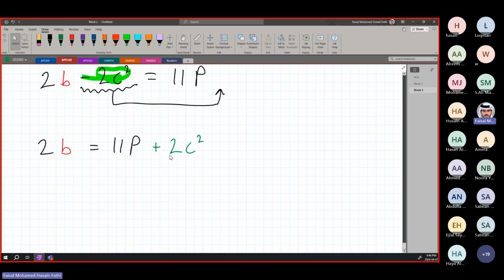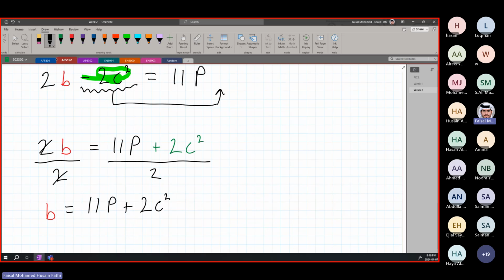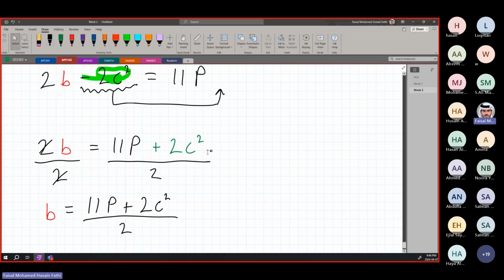Consider it just a normal number. We're only focused on b being on one side by itself. And now we have a 2 here, so we just have to divide both sides by 2. So b is going to be equal to, the 2 and 2 will cancel, so we have 11p plus 2c squared over 2. And this is how you would solve any transposition question.